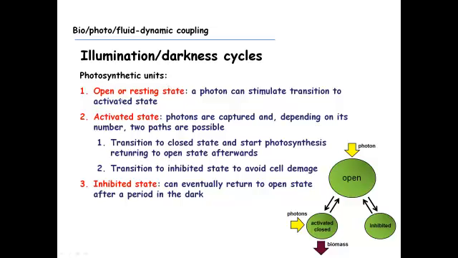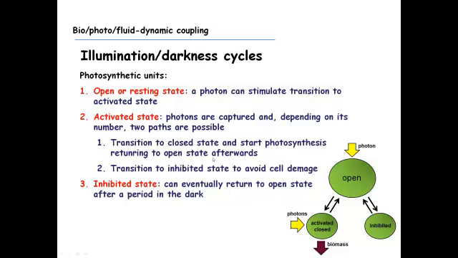These units have three different states, or three possible states. The first one, called open or resting state, where a photon can stimulate transition to the activated state. And well, the activated state, where photons are captured, and depending on the amount of photons, two paths are possible.